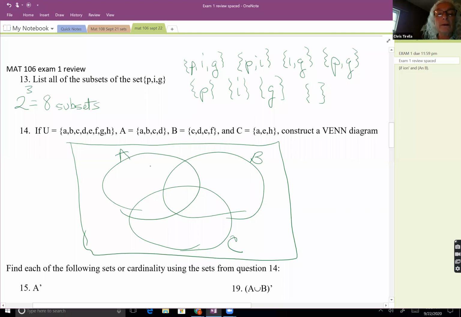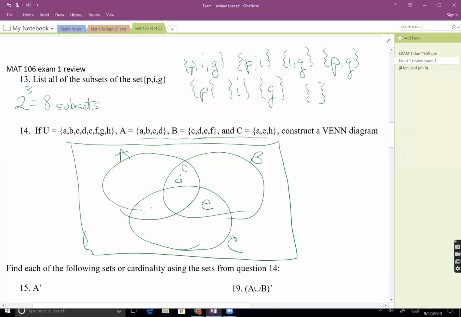Is there anything common to A and B? C and D, I like it. Is there anything common to B and C? E. Is there anything common to A and C?